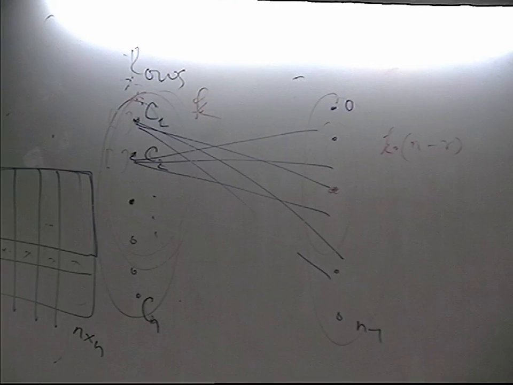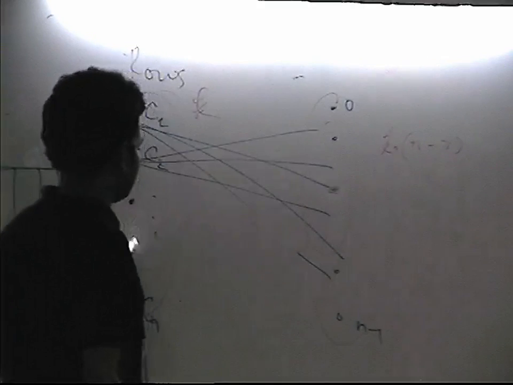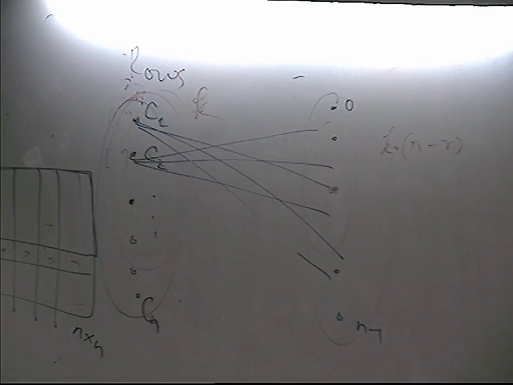Another way of asking: let's say the number 1, in how many columns does it not appear? Because if it does not appear in some column, that column will send an edge to that number. But in that general setting, what will it be?